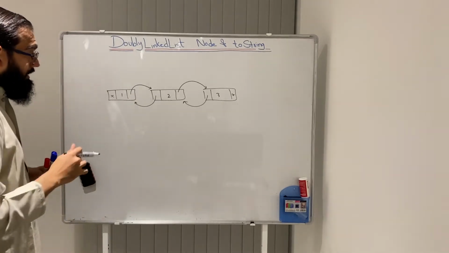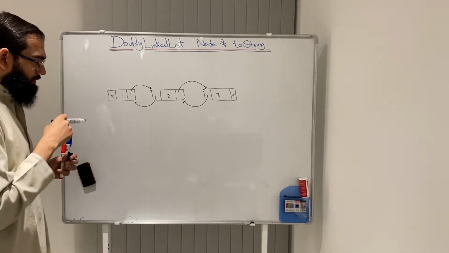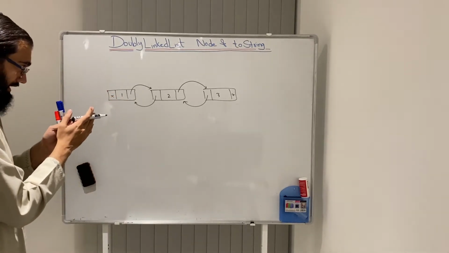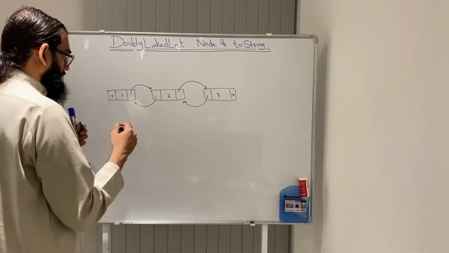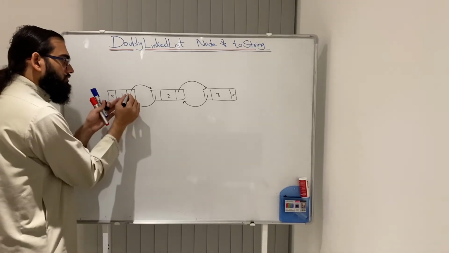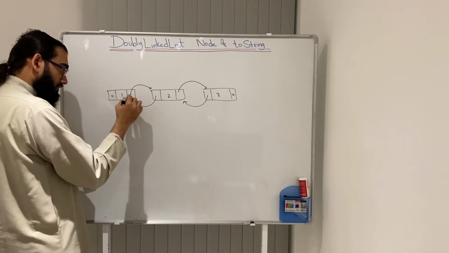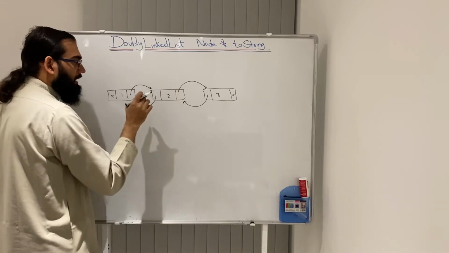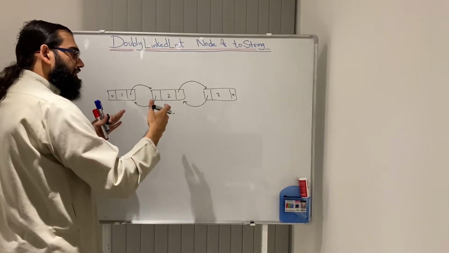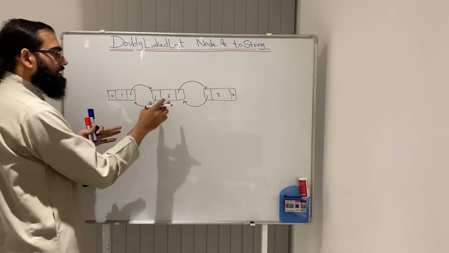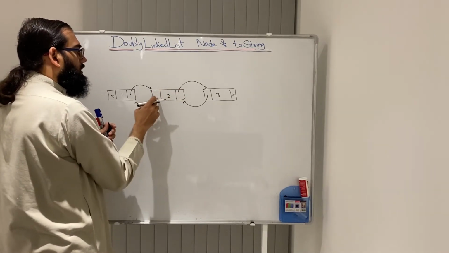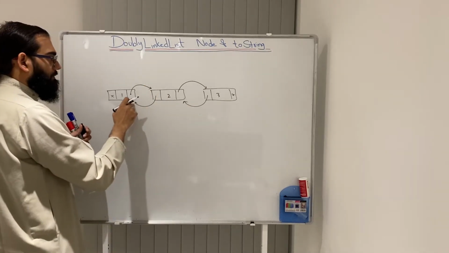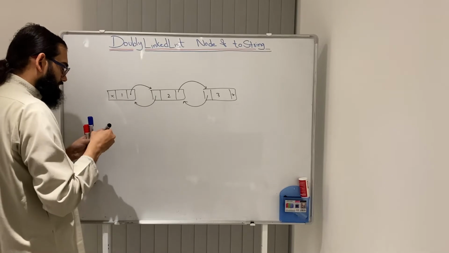In this case, if I don't tackle the toString method properly, we have an issue: we will get a stack overflow. Why? Try to understand. This is a next node. When I call next node dot toString, it moves here. Now at this node, because toString is implemented for every parameter, it will say call previous node dot toString, and once previous toString is called, it will come back here, and now we are stuck in a loop.